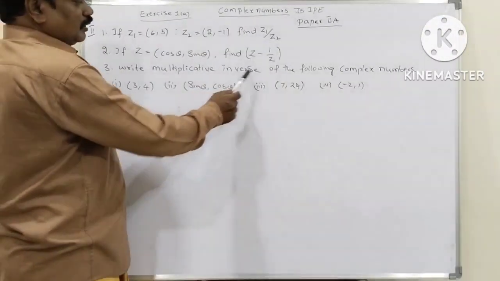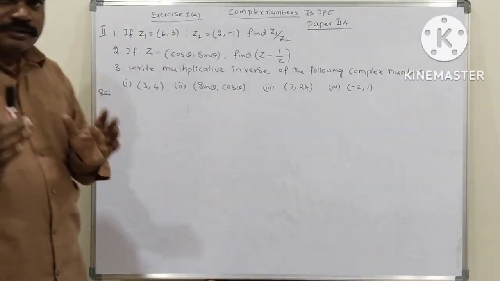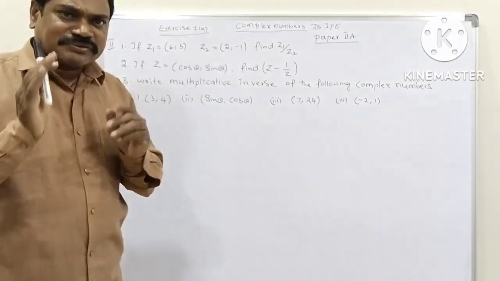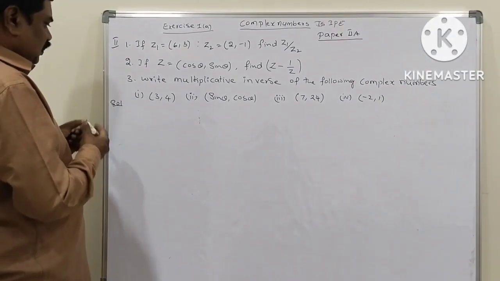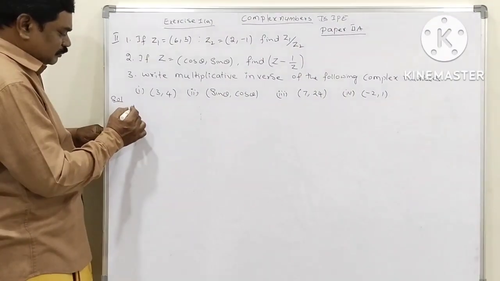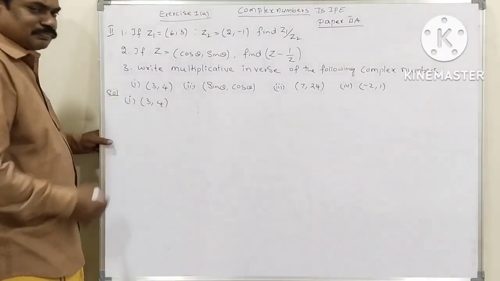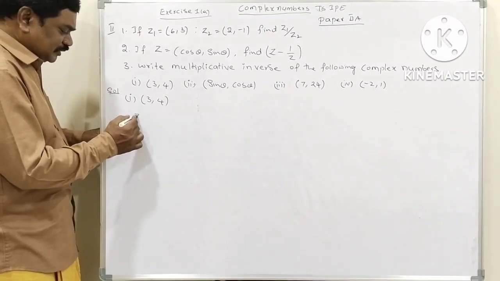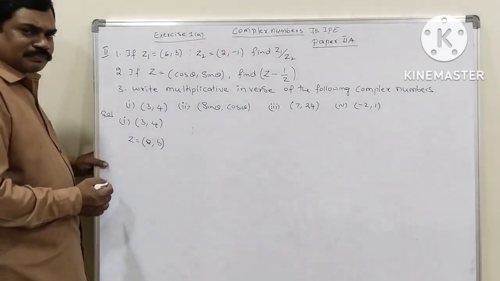Students, you see all of you, write the multiplicative inverse of the following complex numbers. We write the multiplicative inverse of the complex number. So this first problem is 3 comma 4. Suppose z is equal to (a, b).